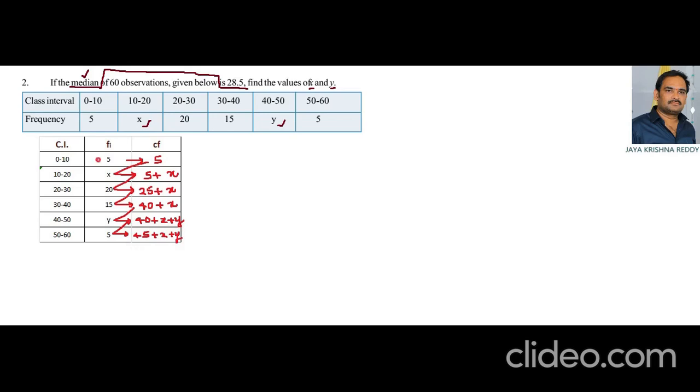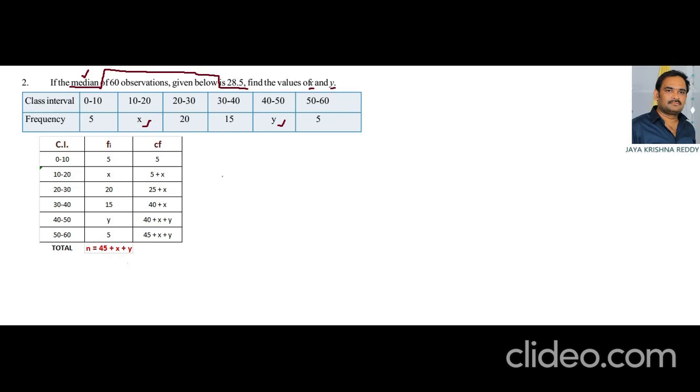Now you can add these frequencies, 5 plus x plus 20 plus 15 plus y plus 5. So you will get the last CF value as small n, the sum of the frequencies, n equals 45 plus x plus y. Here you can observe that the n value, the sum of the frequencies, is 45 plus x plus y.